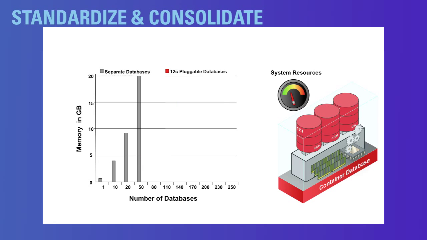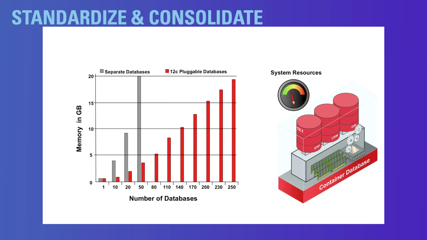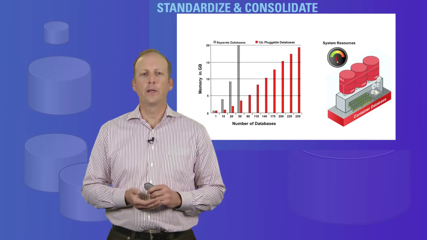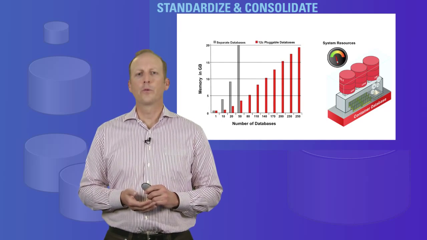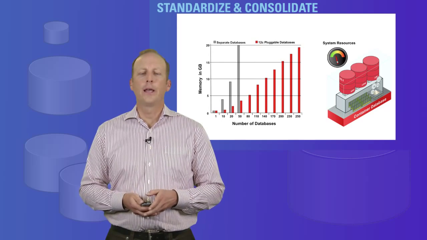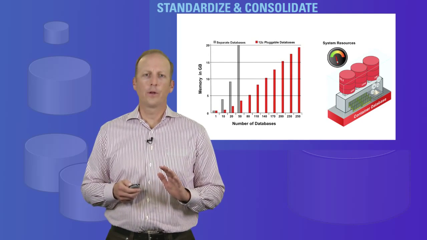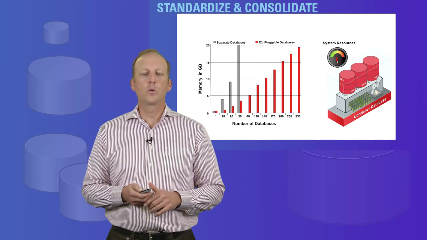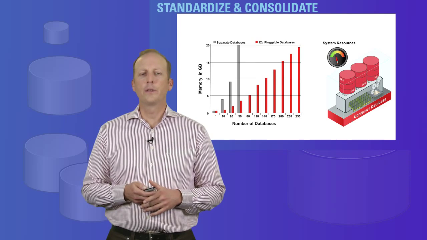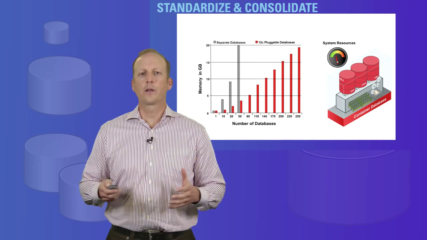By moving to 12c pluggable databases, you can see that at 250 databases, that's where the memory was maxed out. So a huge improvement as far as system resources being saved and shared. And this is one of the reasons that this particular feature in 12c is one of the most talked about and requested features for customers to learn more about.